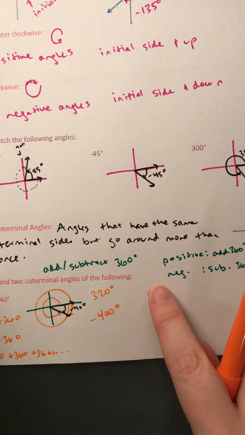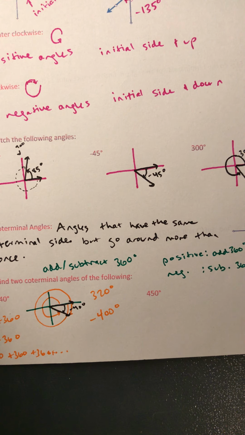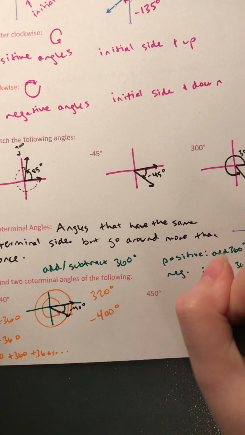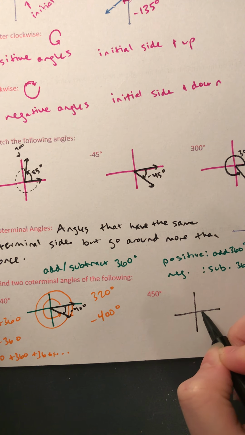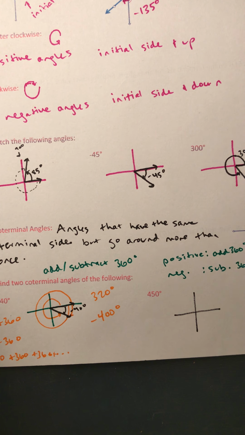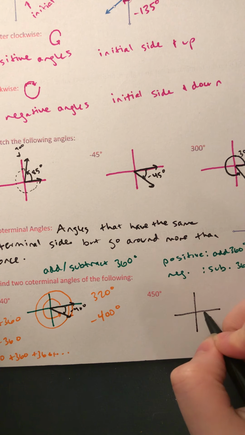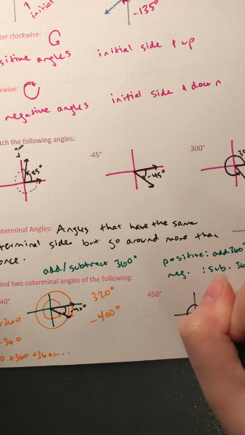450 degrees. Well, think about it. We've gone around more than once because once around is 360. So let's see. If we sketch that, once around is 360. So what's 450 minus 360? We ended up with 90 degrees. So that means we've gone 360 and then another 90.